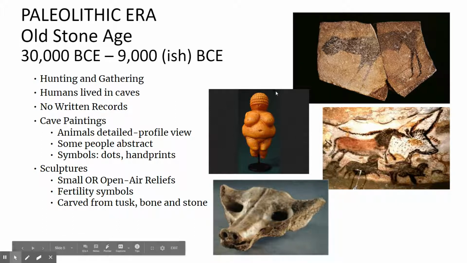And this is not one of our works, but it really should be. It's the Venus of Willendorf. Because we don't have any clear fertility symbols, well, the Tlatilco figurine has those wide hips that might be suggestive of fertility, but I wanted a fertility symbol from the Old Stone Age, so I wanted to show her to you as well. Lots of use of the natural materials they have available to them, obviously.